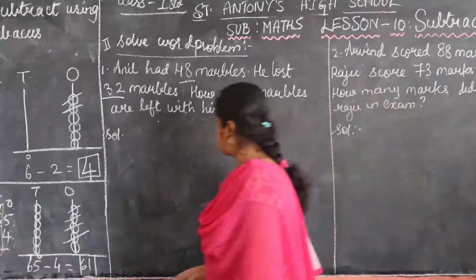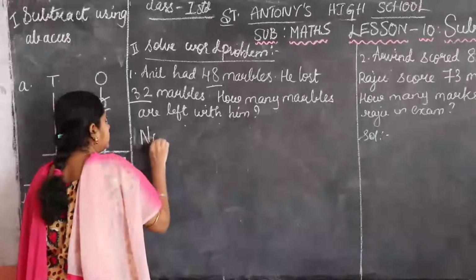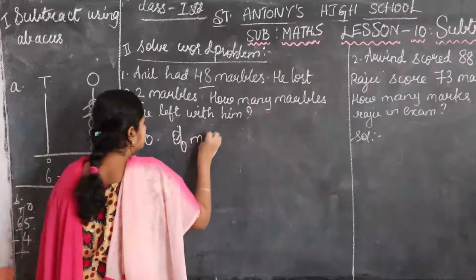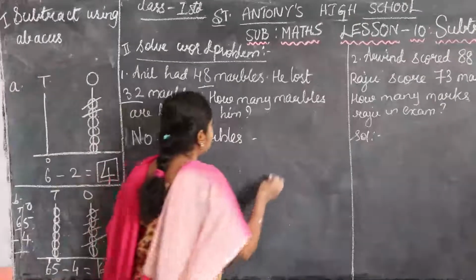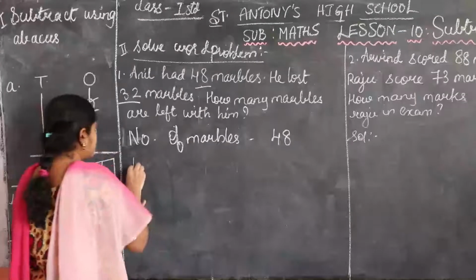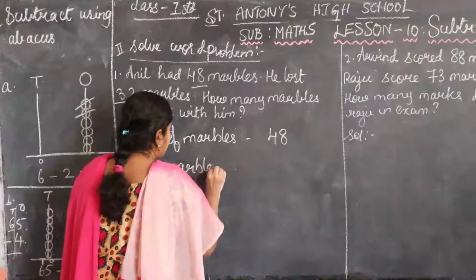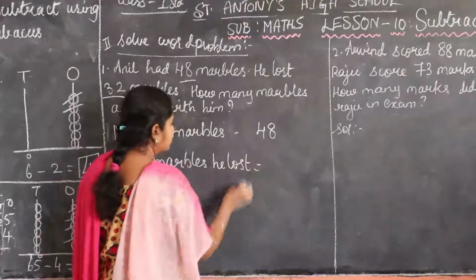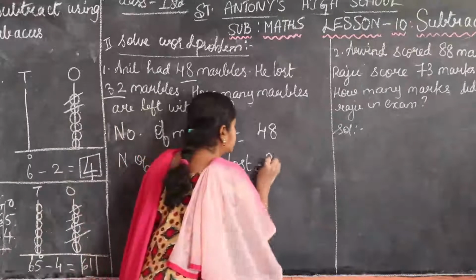Okay, we'll see. What you have to write here? Number of marbles with Anil. How much he has? 48. Okay, and number of marbles he lost. How much he lost, children? 32.